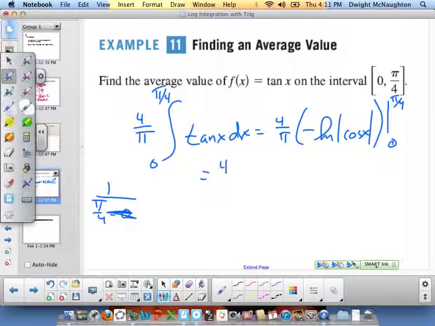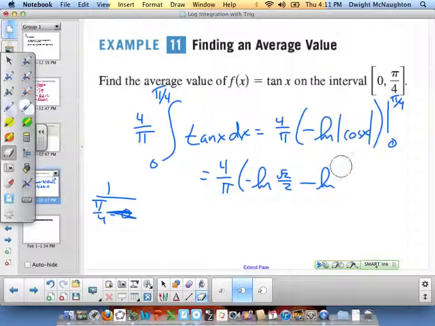So we got 4 over pi, negative natural log of cosine of pi over 4, which is square root of 2 over 2, minus natural log of the cosine of 0, which is 1.